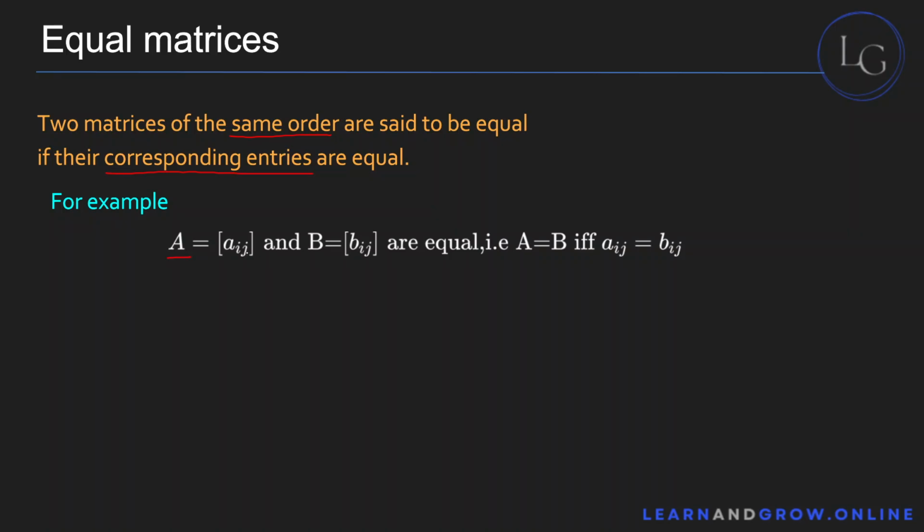see, let's have two matrices A and B. What this represents is the element of A in the ith row and jth column. Similarly here, the element of B in the same ith row and jth column.